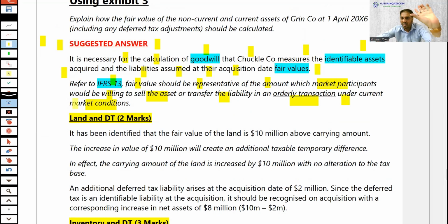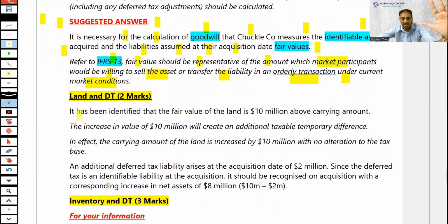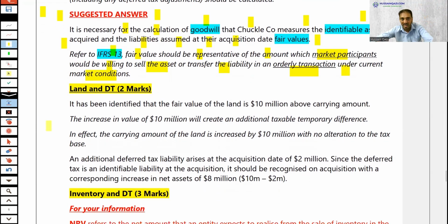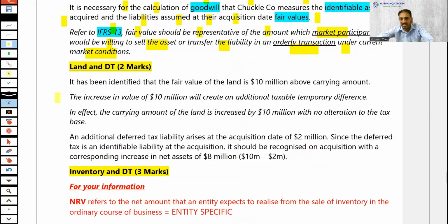So this is the startup with the reference to IFRS 13, and you will be able to gain 1 mark. Then land and deferred tax. It has been identified that the fair value of land is 10 million above the carrying amount, and this increase of 10 million creates an additional taxable temporary difference. The carrying amount of land increased by 10 million, but tax will not consider it; there is no alteration to the tax base.